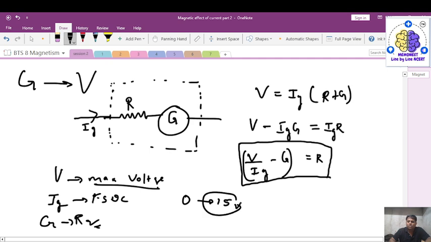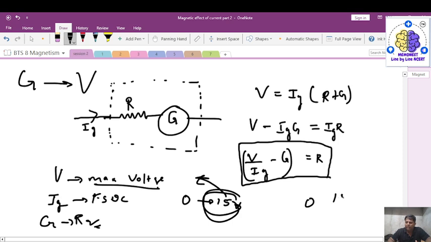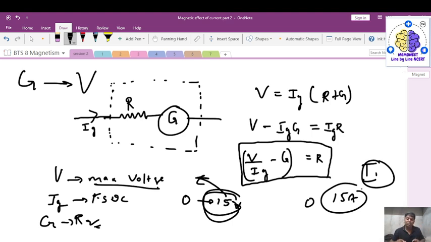Then the value of V will be taken as 15. For the ammeter, suppose we want a galvanometer converted into an ammeter of range 0 to 15 amperes. Then this 15 ampere will be the value of I. This would not be the value of Ig. I should make it very clear that this is not Ig. This is the value of the range of the current which is to be measured.